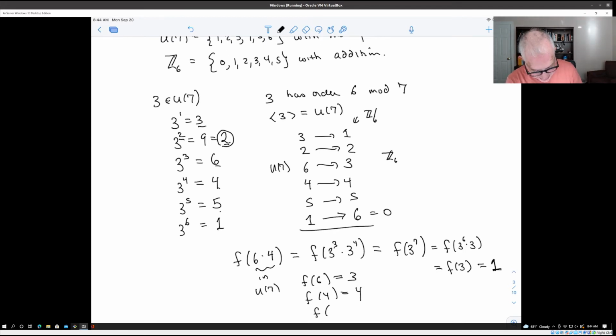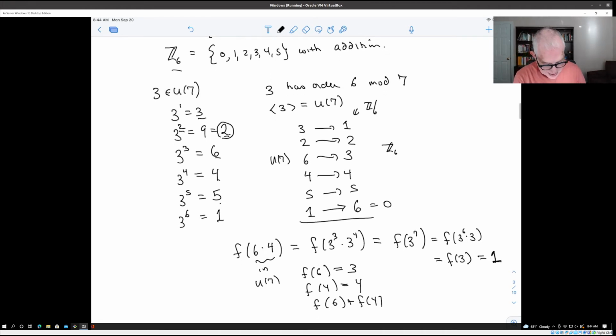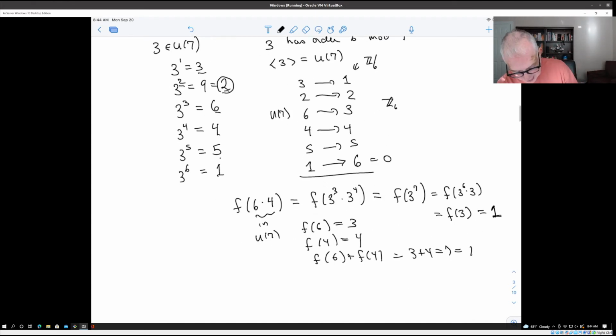And f of 6 plus f of 4, because we use addition as the group operation on this side, is 3 plus 4, which is 7, which is 1. And so you see we've shown that f of 6 times 4 is f of 6 plus f of 4.